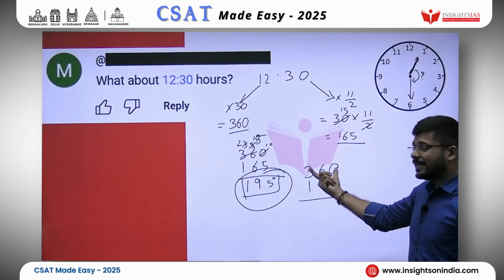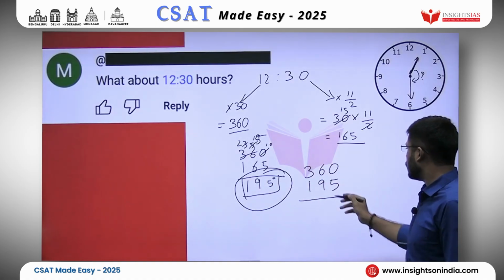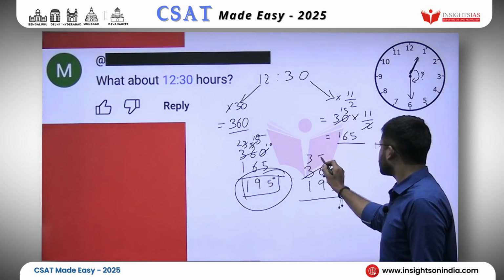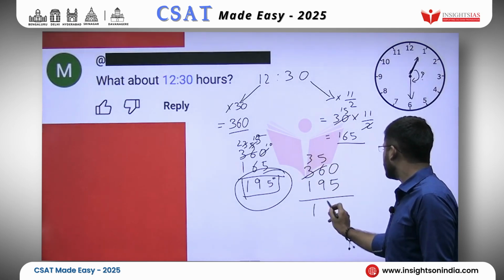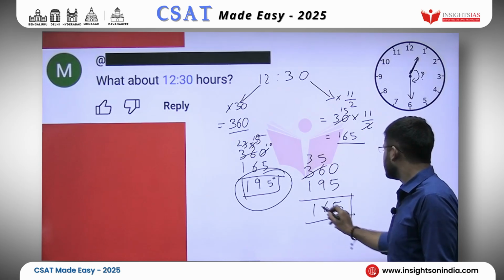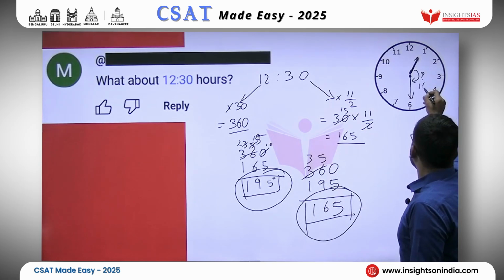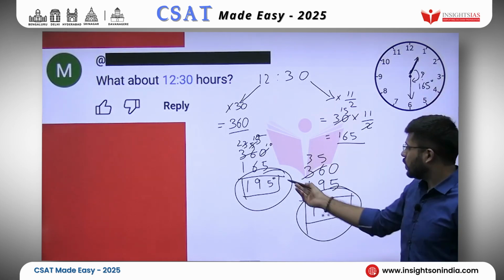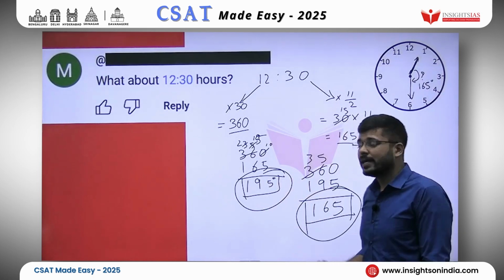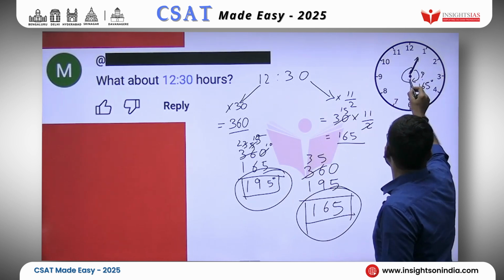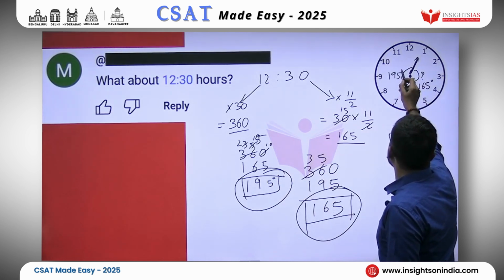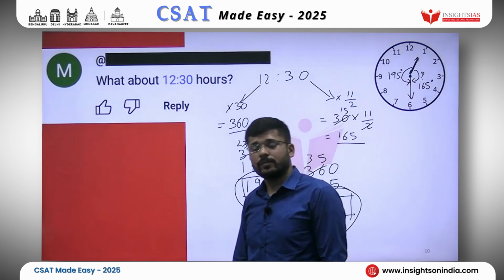We will subtract it from 360, and what do we get? We will get 165. So this angle would be 165 degrees. Okay, what about 195 degrees? Why did we get it? That would be this angle. This would be 195 degrees.